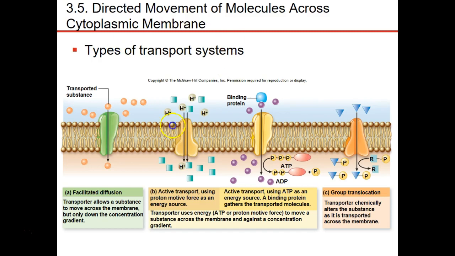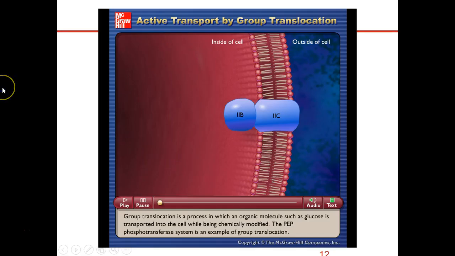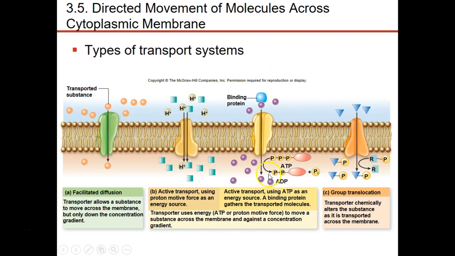Here you're looking at active transport, moving molecules against their concentration gradient from lower to higher concentration. So you see these little tiny boxes. These are some type of molecule, and they're moving against their concentration gradient.